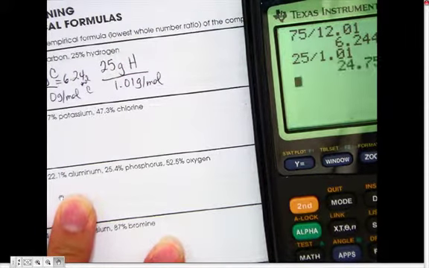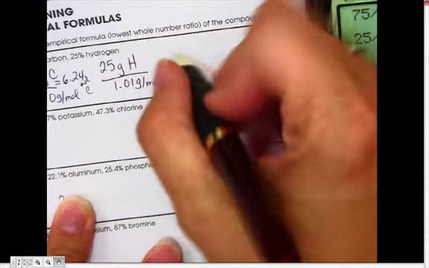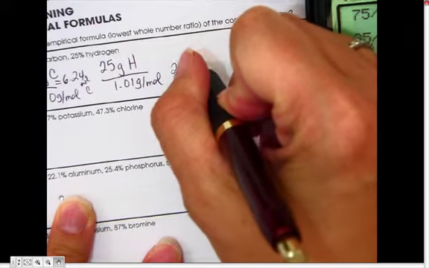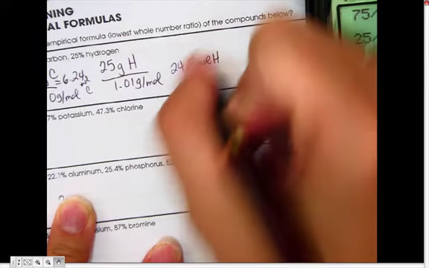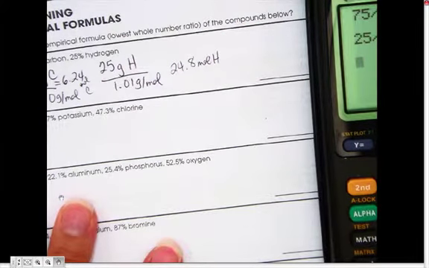And that's moles of carbon. And then 25 divided by 1.01 is 24.8 for hydrogen.